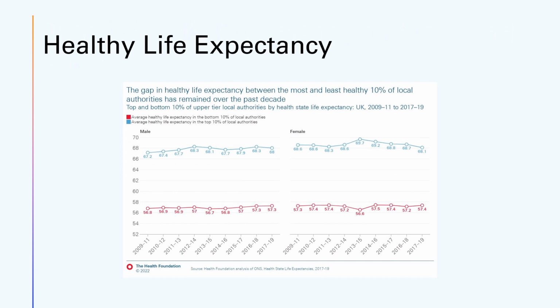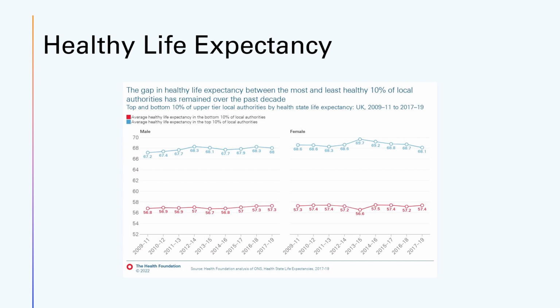So life expectancy is just based on mortality statistics. But if you read current literature on health inequalities in the UK, you will come across another variation of life expectancy, which is called the healthy life expectancy. And this is an extrapolation of the principle of life expectancy to incorporate morbidity as well as mortality into our calculations.